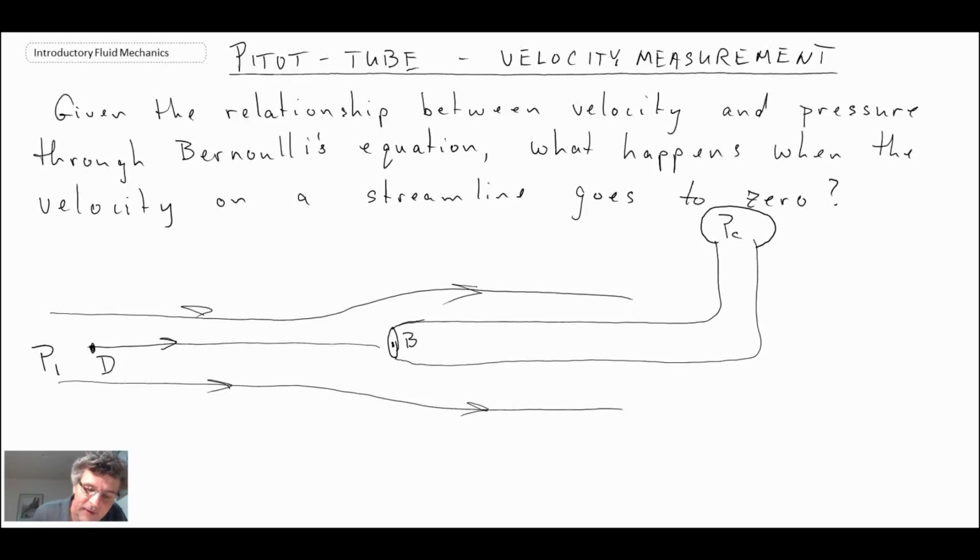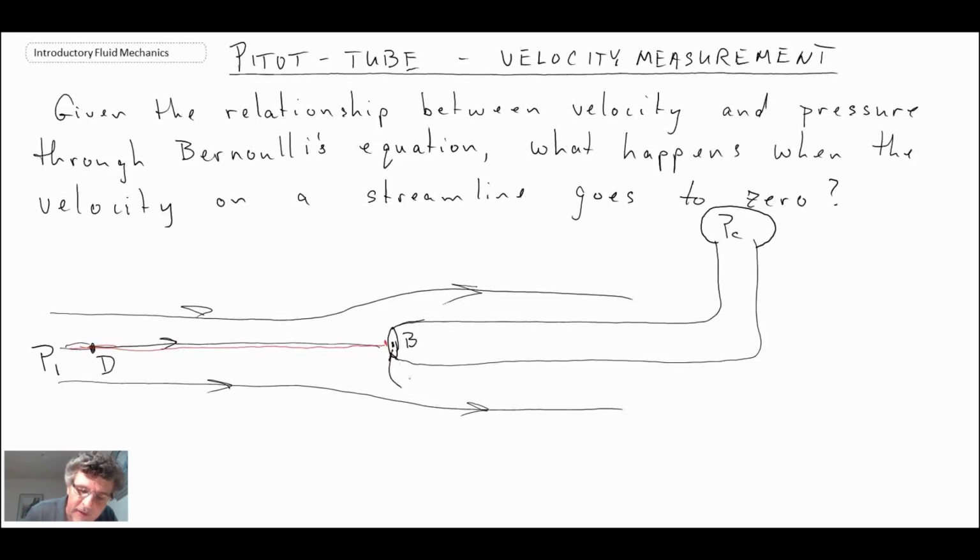Now what happens is we have a thing called a stagnation streamline, and that's the streamline that I have right in the middle here. The flow comes along, and it slows, eventually gets to this point, and it hits B, and at that point it does what we call stagnation. It stops. And consequently, we sometimes call that the stagnation streamline.